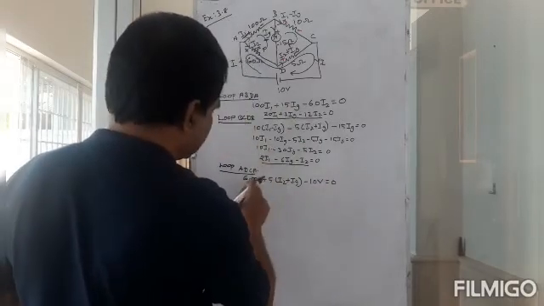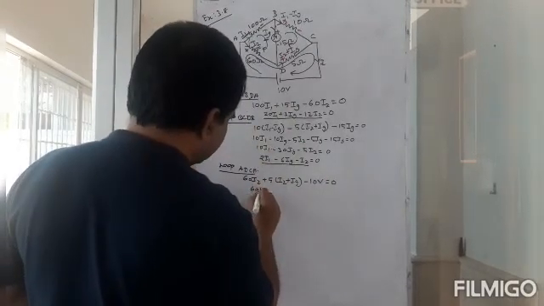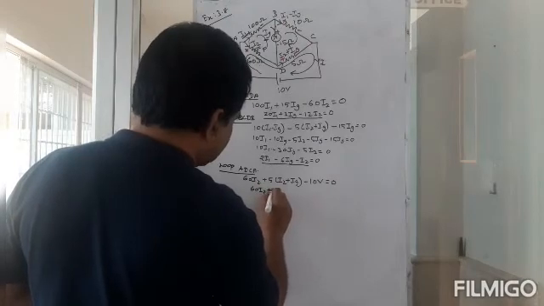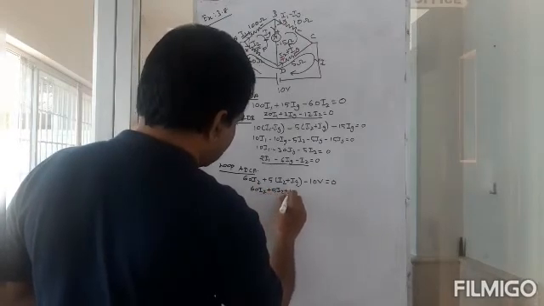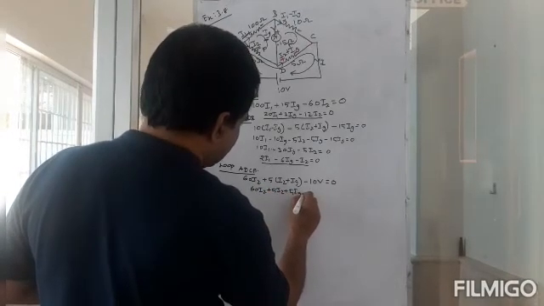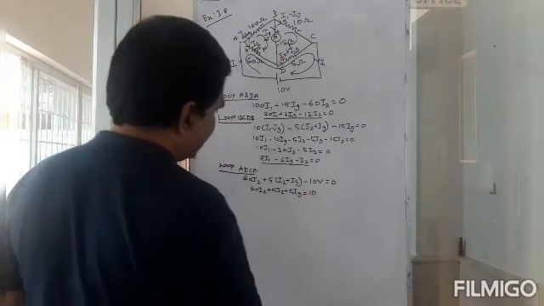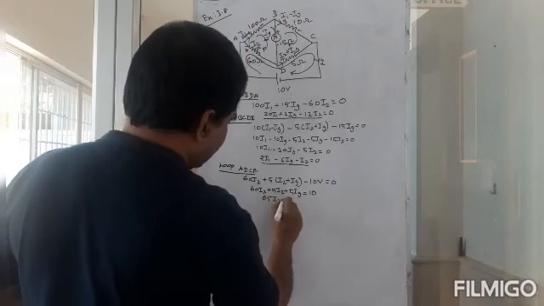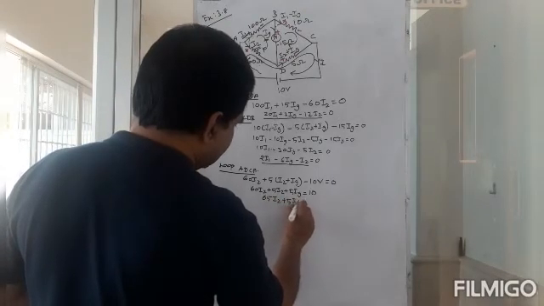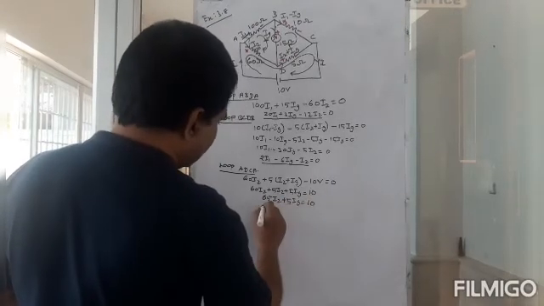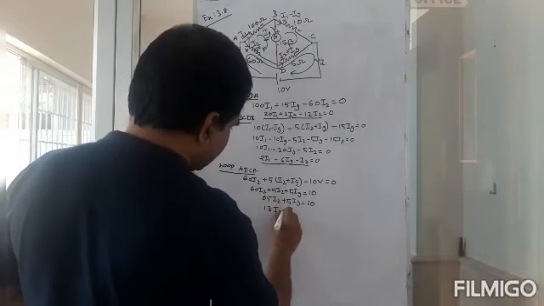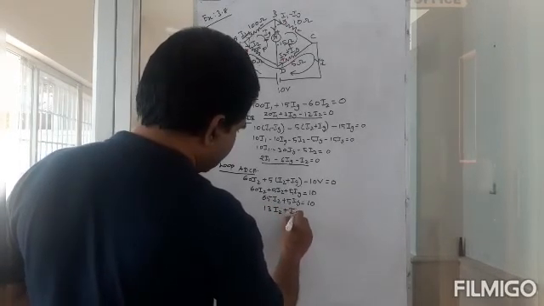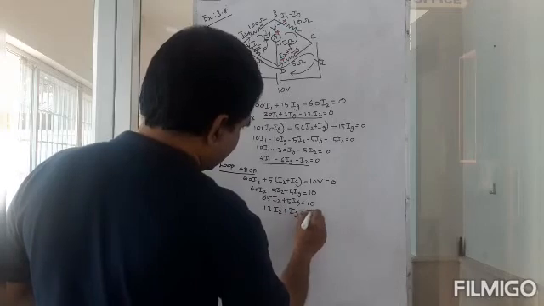So can I do this now? 60 I2 plus 5 I2 plus 5 Ig is equal to 10. Okay, that is 65 I2 plus 5 Ig equals 10. And that will be 13 I2 plus Ig equal to 2.